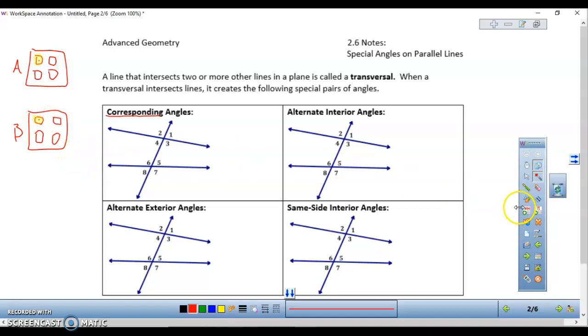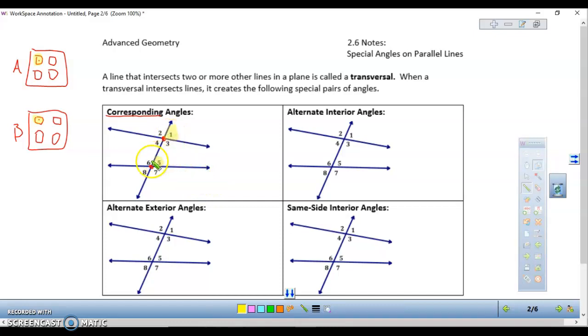We can take that understanding and relate it to angles. Treat each one of these intersections as a classroom. Suppose you sat in seat 1 in this top classroom, and I said, you need to go to classroom 2, and sit in your corresponding seat. In classroom 1, your seat's in the top right corner, so in classroom 2, your seat would be in the top right corner. That's how corresponding angles work.